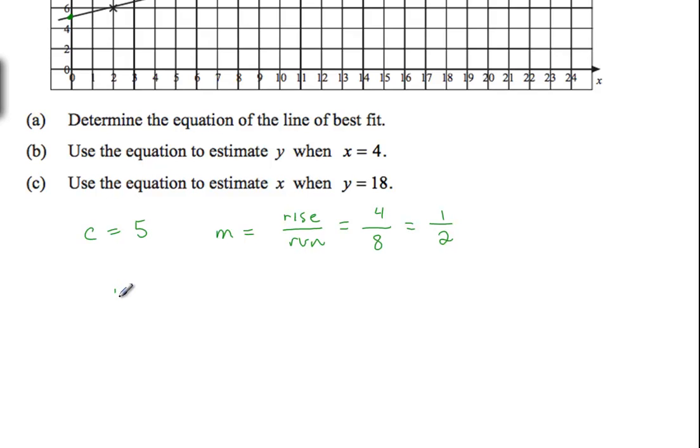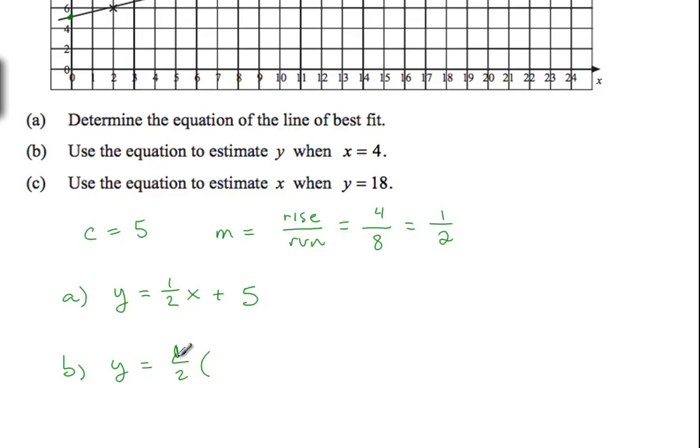So we can write our equation as y equals mx plus b, so that's going to be y equals 1/2 x plus 5. Now use the equation to estimate y when x equals 4. So this was A, now we're working on B. We're going to have to do some substitution here. Well, x is 4, so we're going to sub that into our new equation.